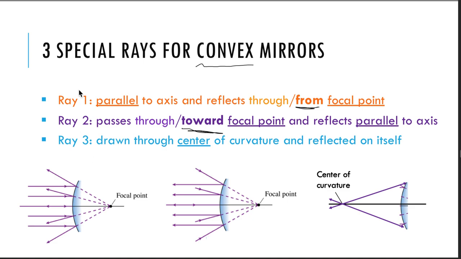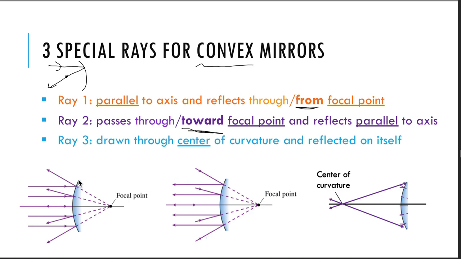When you have a concave mirror, the focal point is in front of it. So it makes sense that if you have a parallel ray, then it can reflect through that focal point. However, when you have a convex mirror, the focal point is behind it.